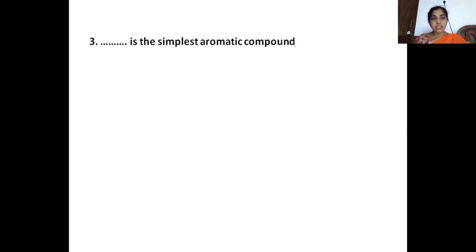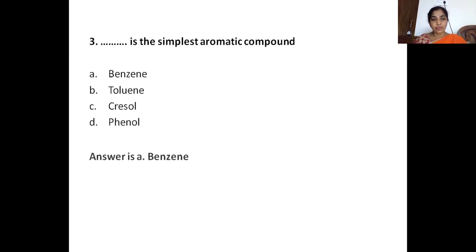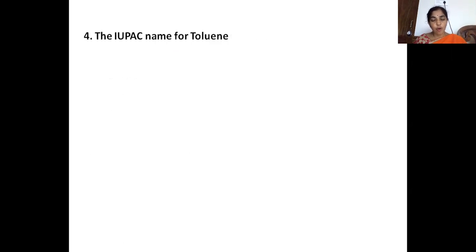The third question: dash is the simplest aromatic compound. Is it benzene? Is it toluene? Is it cresol? Is it phenol? The answer is benzene, because we discussed benzene is the parent compound. The fourth question: the IUPAC name for toluene. We discussed it in the first slide itself.